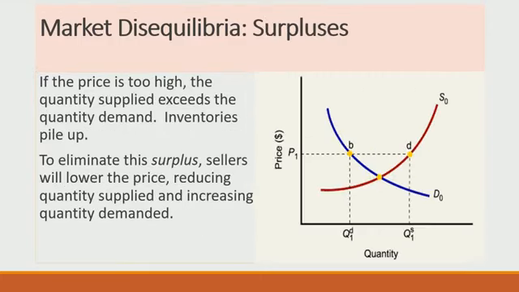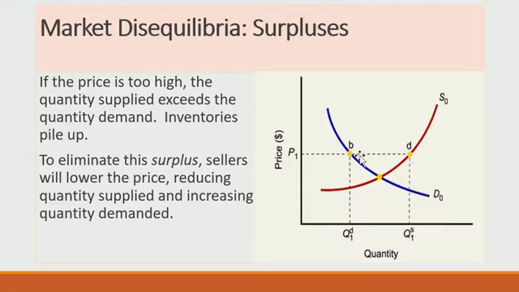Now let's talk about the other market disequilibrium, which is surpluses. If the market price becomes too high compared to the equilibrium price, which can be this one, P1, at this higher price quantity demanded is lower, which is QD1, and quantity supplied is higher than the equilibrium one, which is QS1.